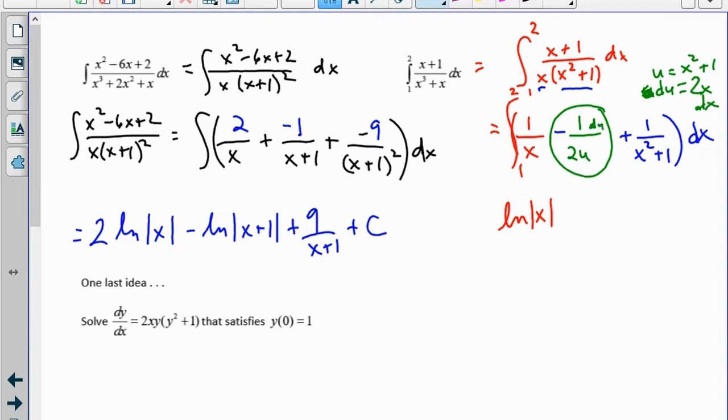When I integrate that, that's going to be minus the natural log of the absolute value of u with a 1/2 in front, because this 2 can move to the outside since it's a constant. So 1/2 natural log of u, remember u was x squared plus 1. And then we should know the back part already. The integral of 1 over x squared plus 1 is arctangent of x. And then we have a plus c.